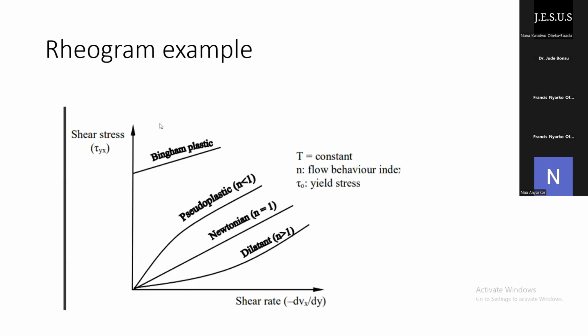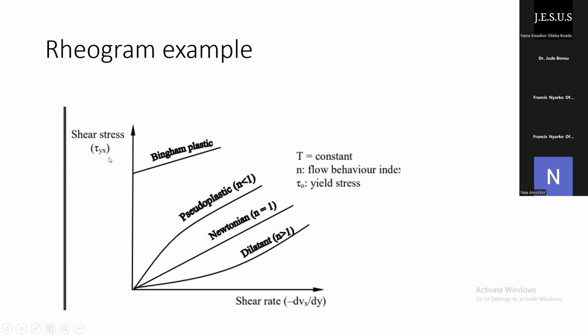Looking at the rheology example, this is a chart which has the different types of fluid based on time, those which are time dependent and time independent, and also the Newtonian and the non-Newtonian fluids. Now, when you look at this, realize that the Newtonian fluid has a linear graph.